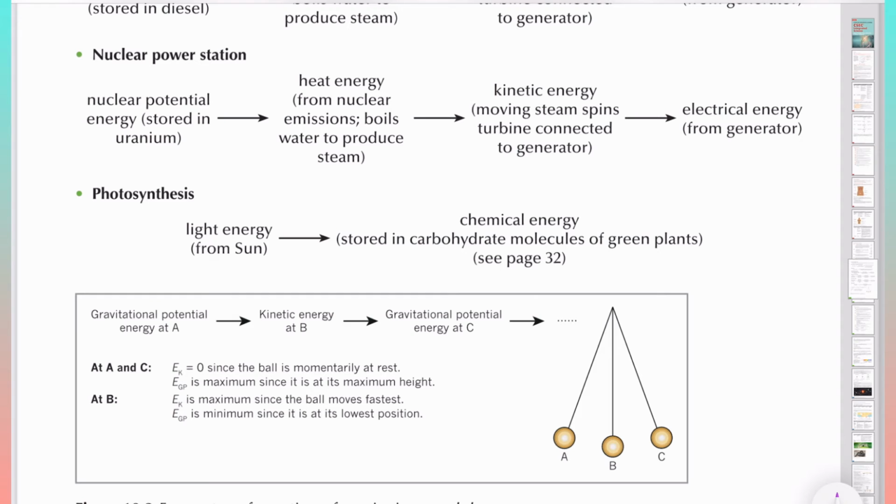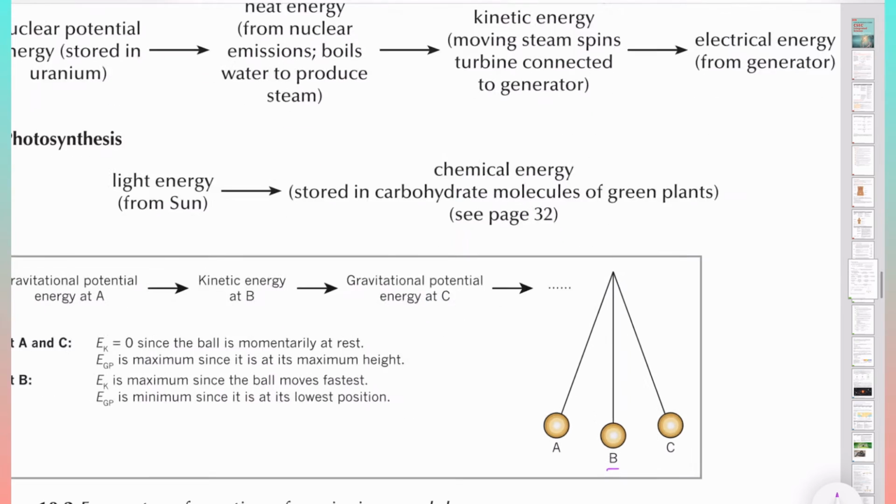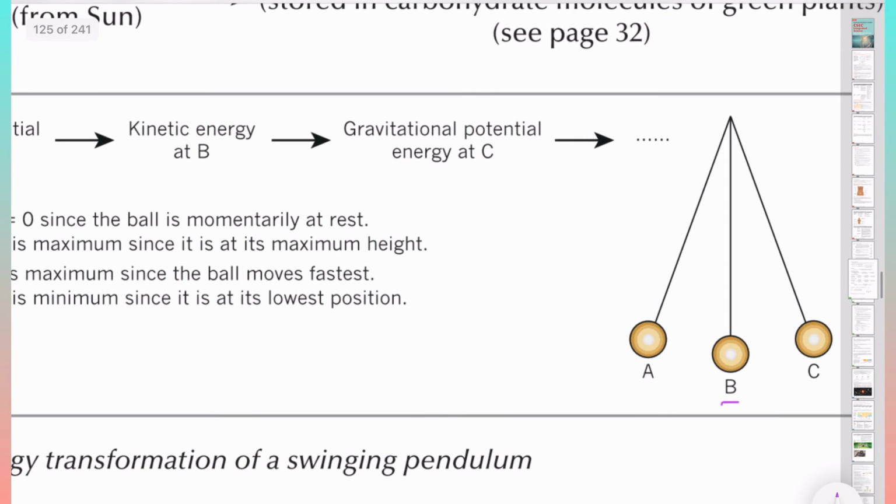If we look at a pendulum, I'm going to explain the transformation of energy that happens at a pendulum. B is going to be the stationary position it is hanging on. If I displace it to the left to position A, I am going to be giving that pendulum energy. So it will now possess potential energy.